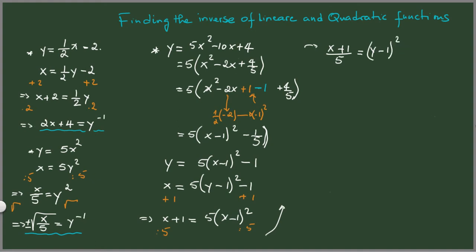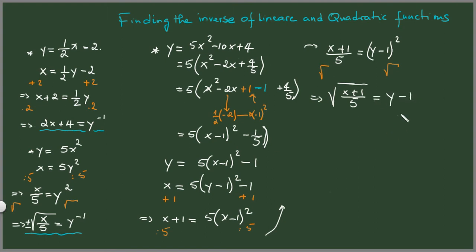Here we can take the square root on both sides. We have the square root of x plus 1 over 5 equals y minus 1.